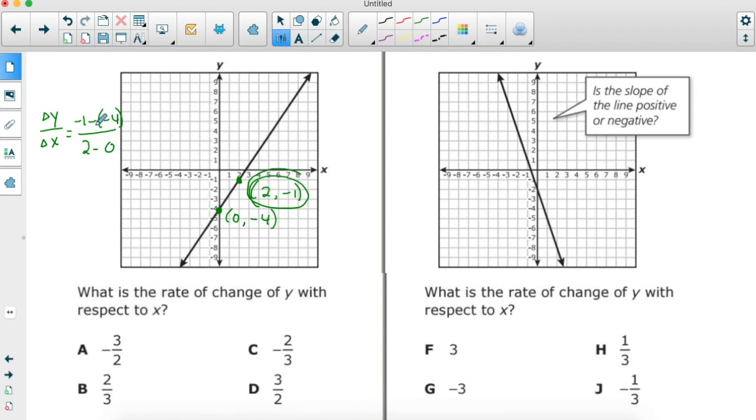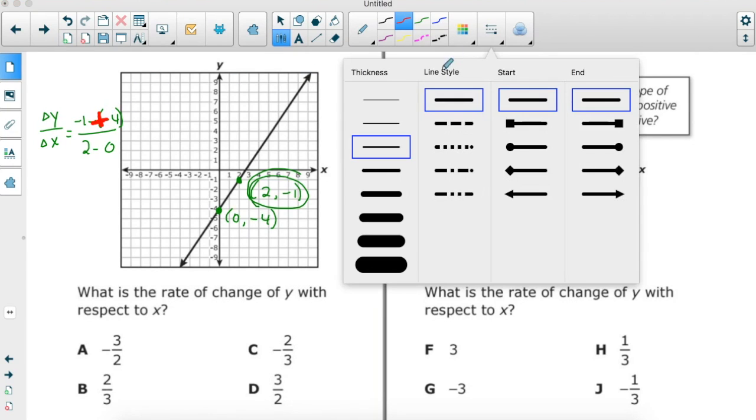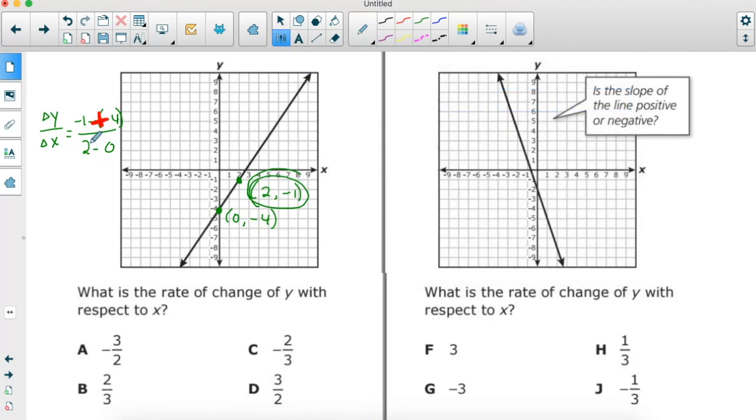So now I'm just going to simplify this. Whenever you have this negative negative, it becomes a big plus, okay? So we have -1 plus 4, which gives us 3, over 2 minus 0, which is 2. So my rate of change is 3/2, which is letter D.